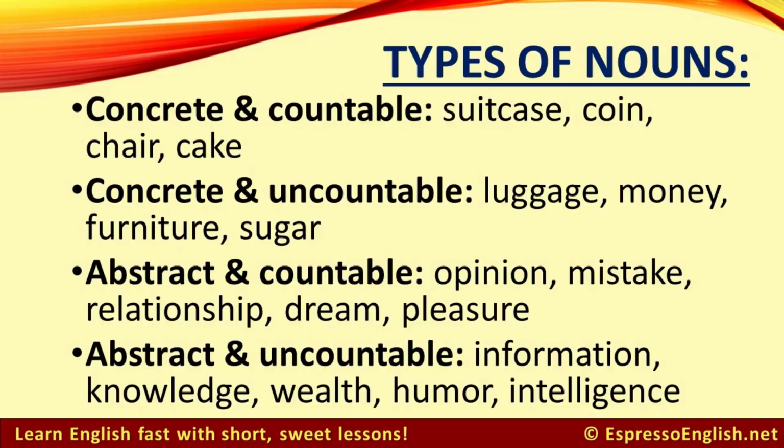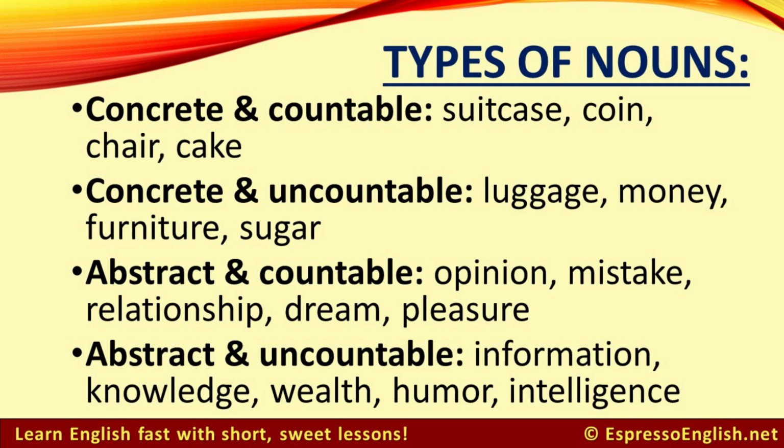Sometimes students confuse concrete and abstract nouns with countable and uncountable nouns. They think all concrete nouns are countable and all abstract nouns are uncountable, but this is not true. Let me show you some examples. These concrete nouns are countable: suitcase, coin, chair, and cake.